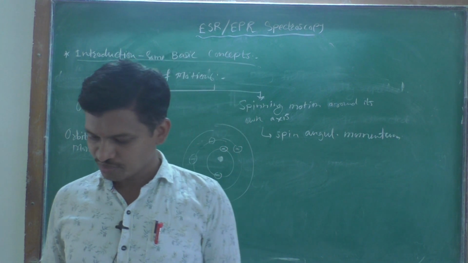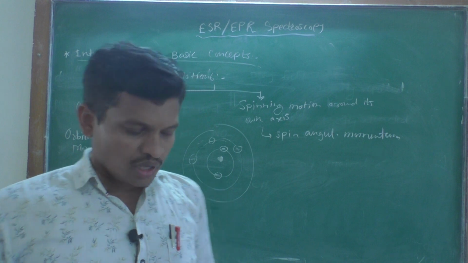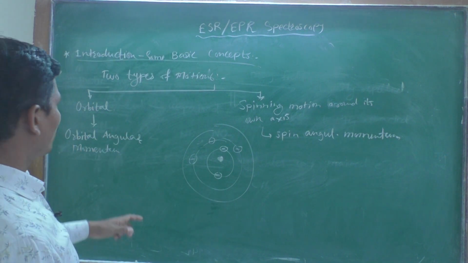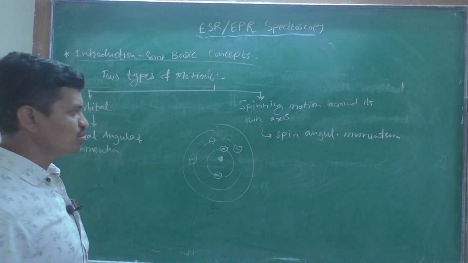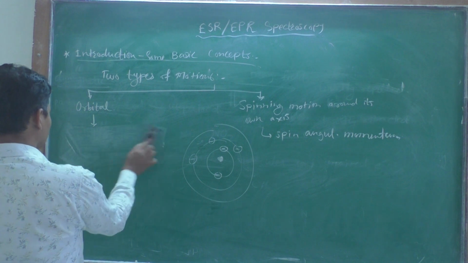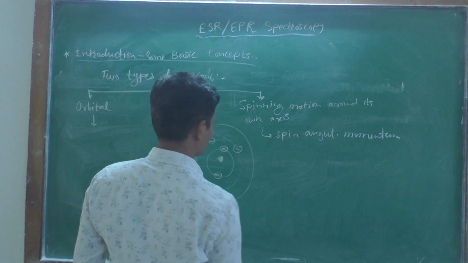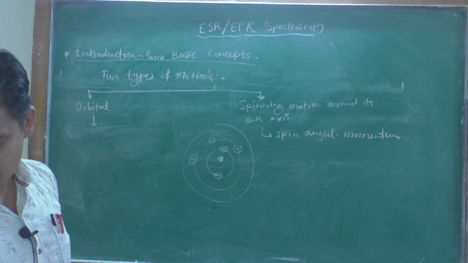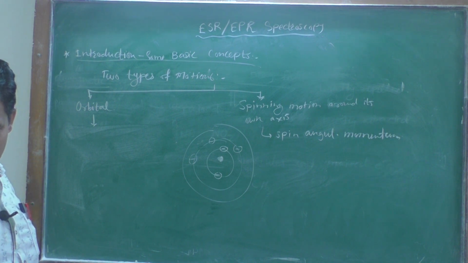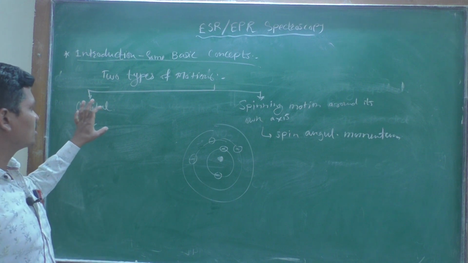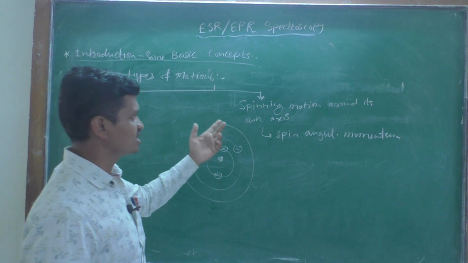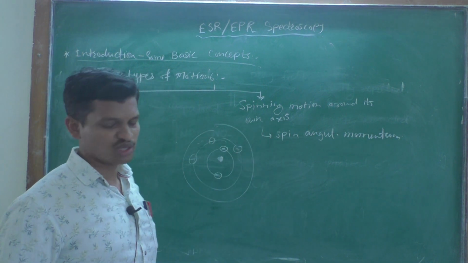These are about the angular momentum. Now due to these two different motions of the electron, two magnetic moments are possible. One magnetic moment arises from the orbital motion of the electron, and another arises from the spin motion of the electron.